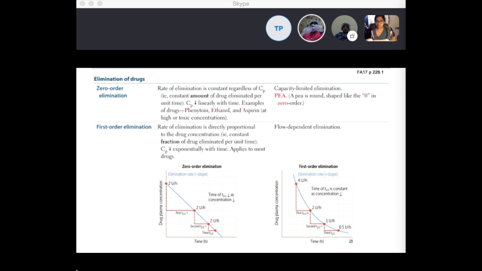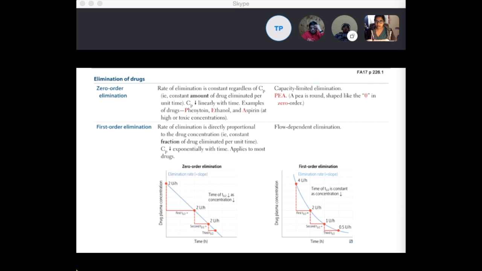So for drugs with zero order elimination, for example, if we take ethanol, elimination is limited by the amount of NAD+ that is available in hepatocytes to be converted to NADH by the dehydrogenase enzymes.